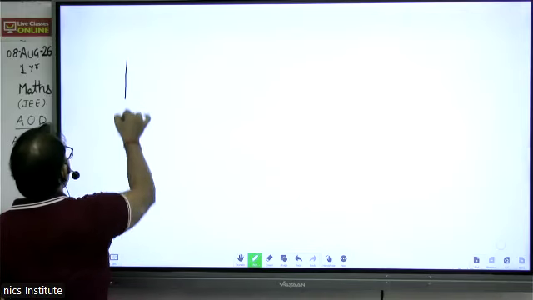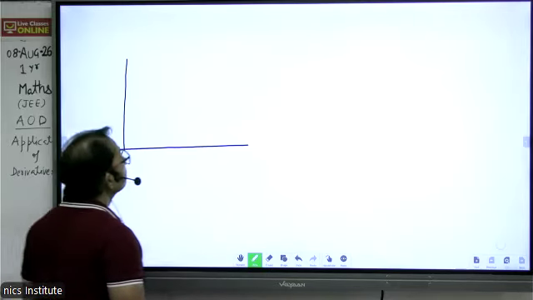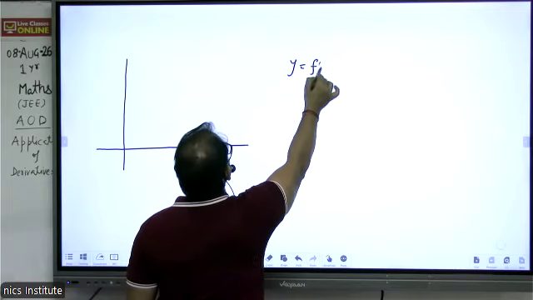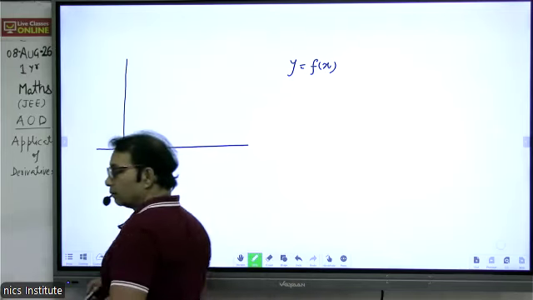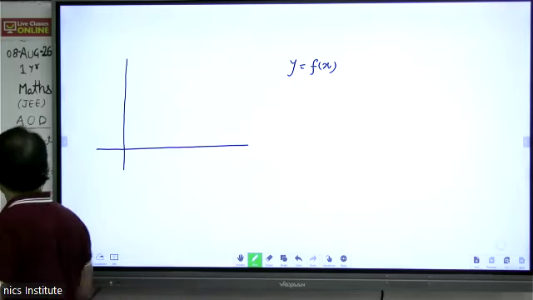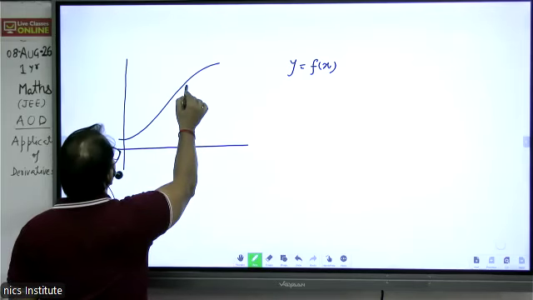Application of derivatives will start now because there will be more questions on application of derivatives than differentiation in entrance exams. Suppose there's a function y is equal to f of x, and we differentiate this function.